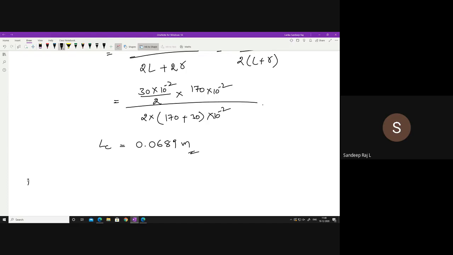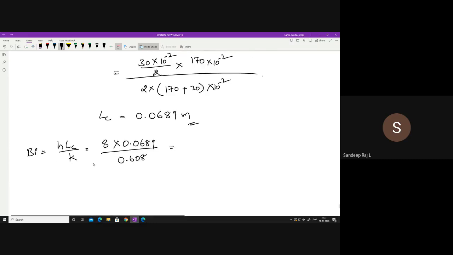Now you find out what is Biot. h Lc by k is equal to: the h value is given as 8, the Lc value is 0.0689, by the k value 0.608. So tell me what is the Biot value. Same time, Fourier is alpha t by Lc square.